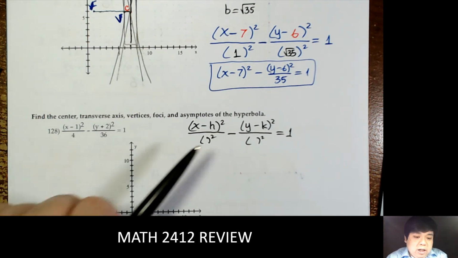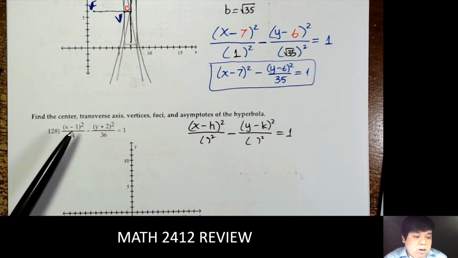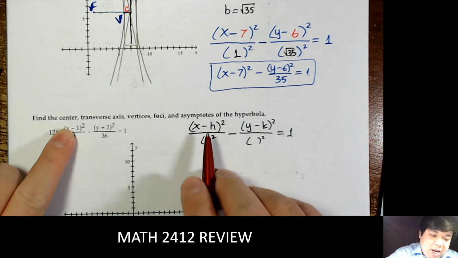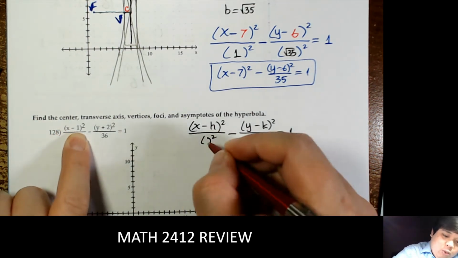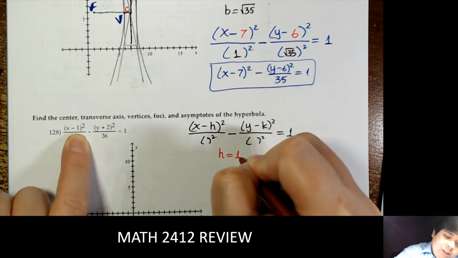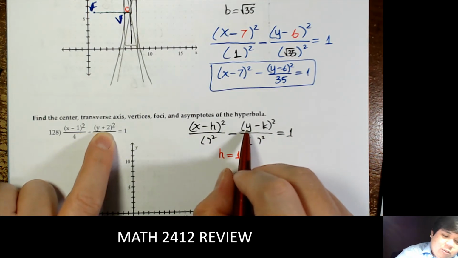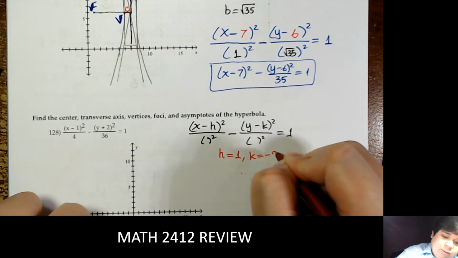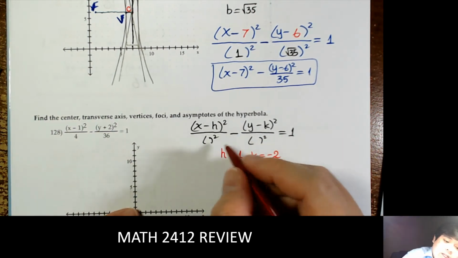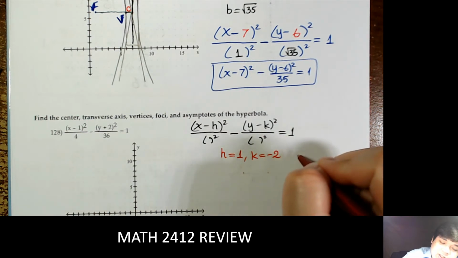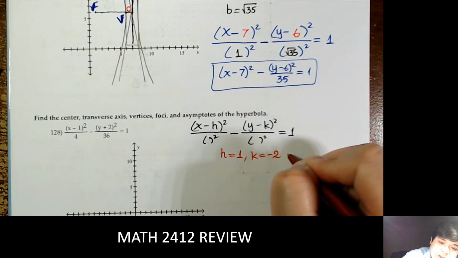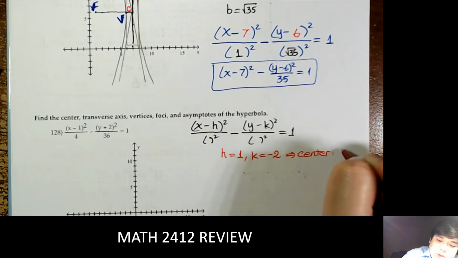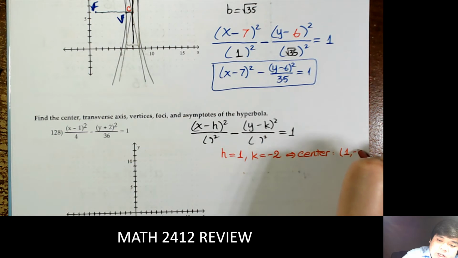Right, so from here, h is going to be 1, and k is going to be negative 2. So just matching x with x, h is 1, and y plus 2 equals y minus k, so k is negative 2. Right, that gives us the center. X equal to 1, y equal to negative 2.